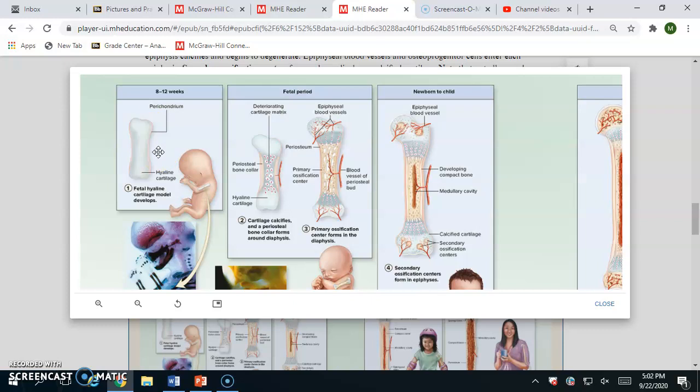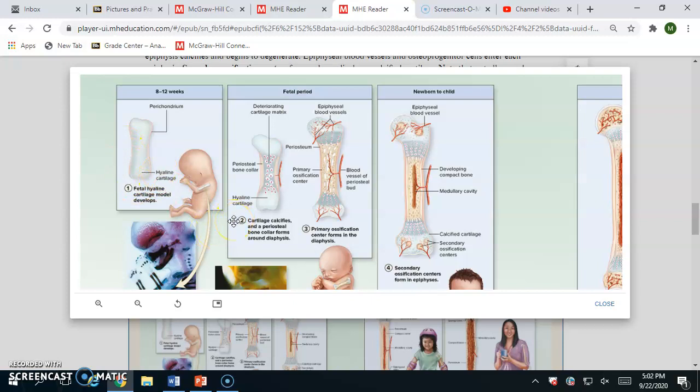So those are cells that can differentiate into another cell. So that's important to realize for this whole process. Okay, so we have the little cartilage model that develops first. So the majority of our bones will be hyaline cartilage and have that little layer around them.